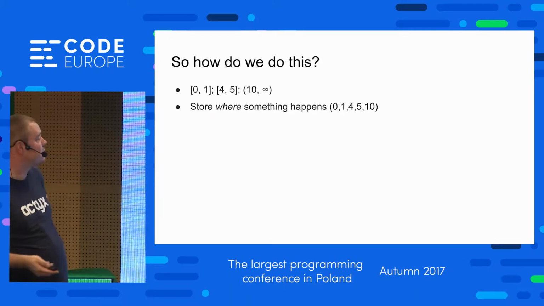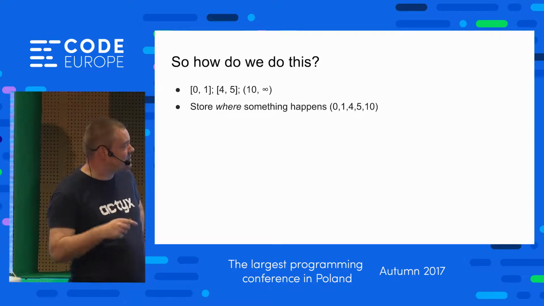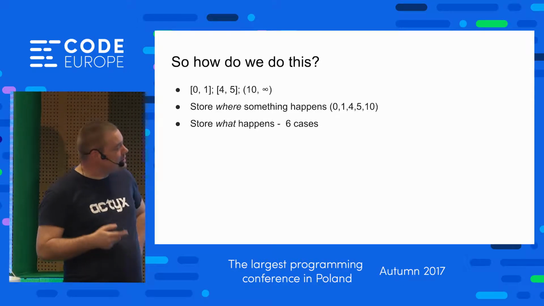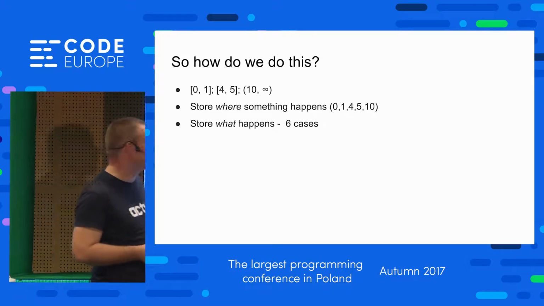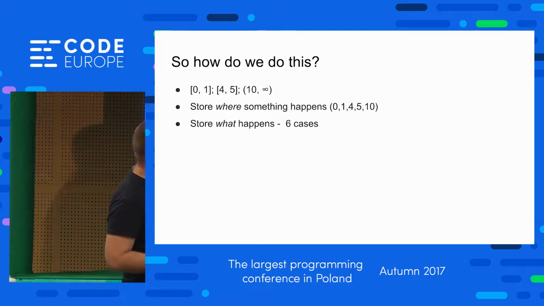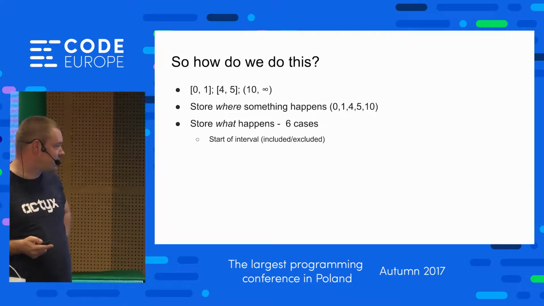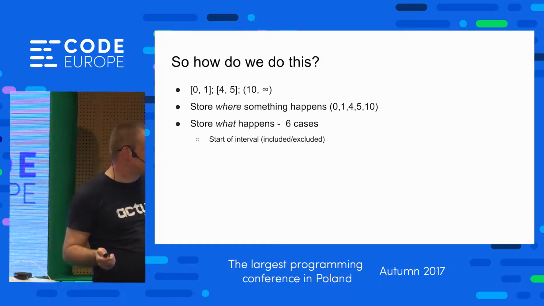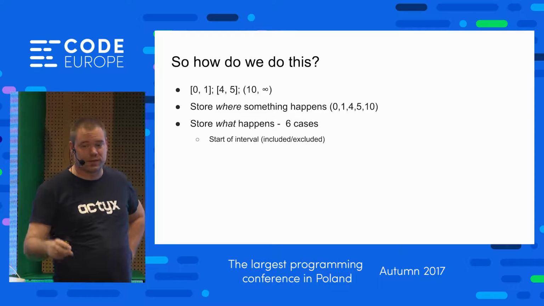So basically, we need to store where something happens, and we can store that in a sorted array. And then the next thing is we have to store what happens. If we take a look at what happens here, there are in total 6 cases. You can have an interval that starts, and again there are 2 subcases: the point is included or excluded.